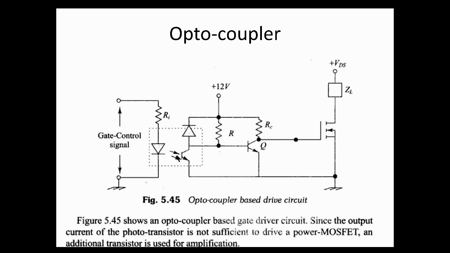Now that we have light shining onto this transistor, we have an intermediate circuitry set up here. We have 12 volts, we have a diode here, and we have a resistor at the collector of this transistor Q, so BJT, and we have our MOSFET here.